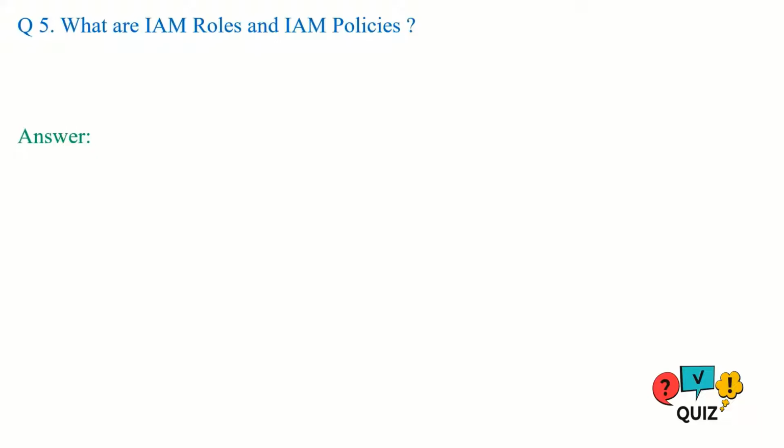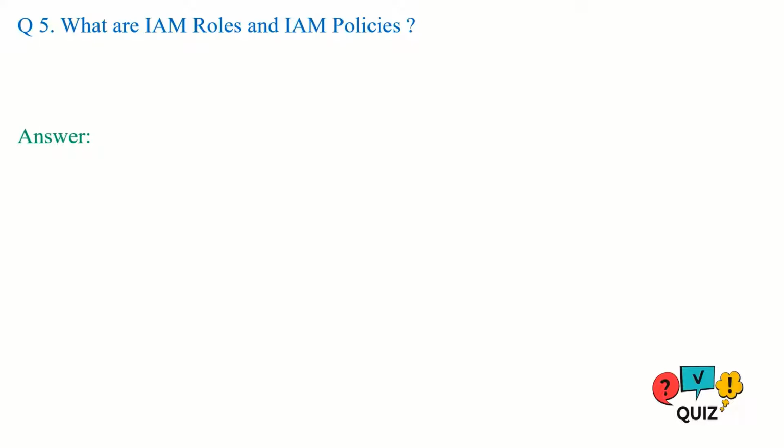What are IAM roles and IAM policies? Roles are like permissions and the policies are like how those permissions should be taken care of. Okay. Anyone else want to make an attempt?